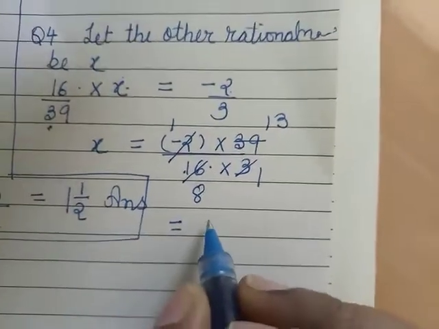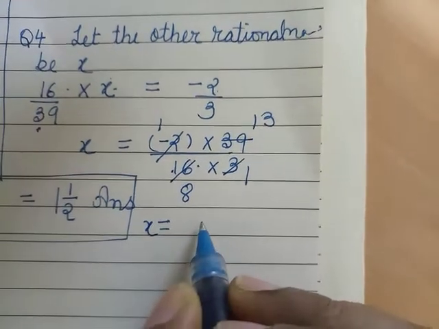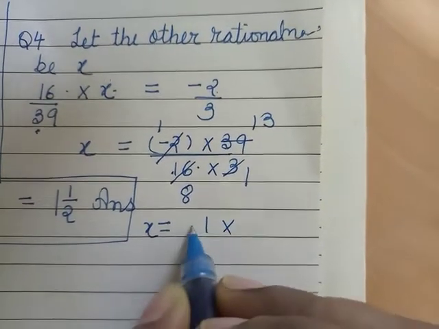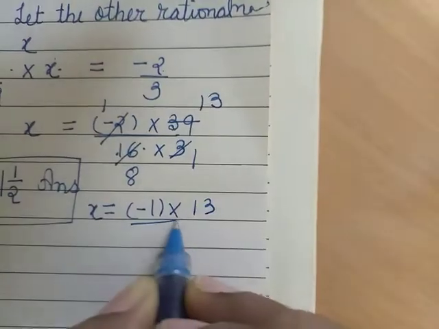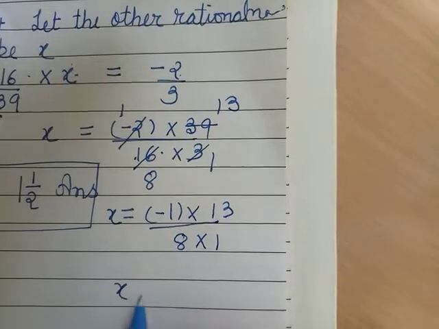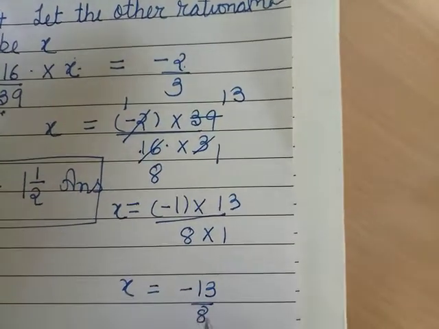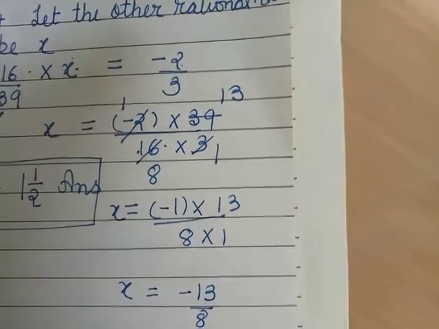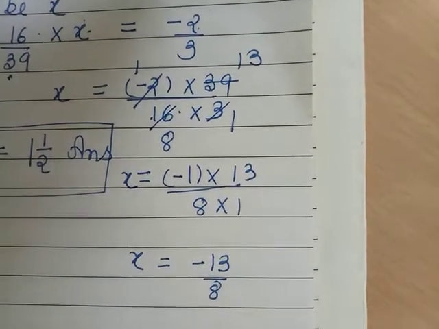In the numerator we are left with x is equal to minus 1 into 13 upon 8 into 1. So we'll get minus 13 by 8. Therefore the other fraction is minus 13 by 8. You have to write the answer line. Okay.